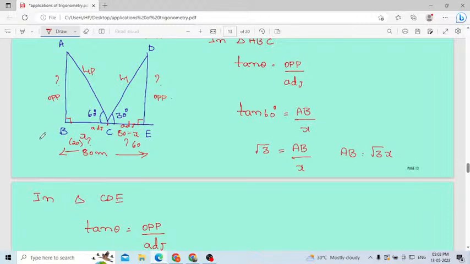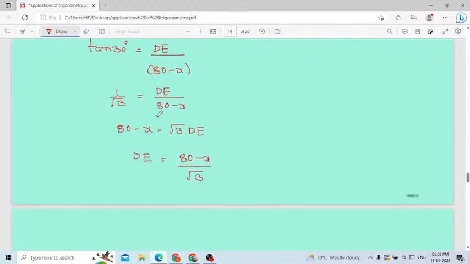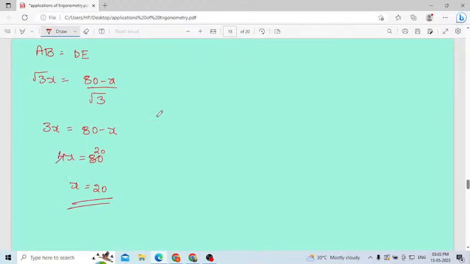Then we have to calculate the value of AB. Either you consider AB or you consider DE, in both you will get the value. You know AB is equal to root 3x. Substitute the value of x: root 3 into 20. Therefore AB's value is 20 root 3.